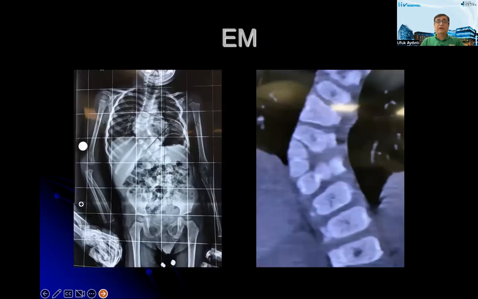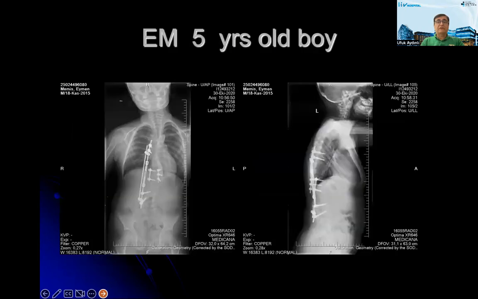This is again a 2-level hemivertebra with congenital bar, and as you can see, first we did the hemivertebral resection, and then we started using the growing rod technique to control the remaining curve.